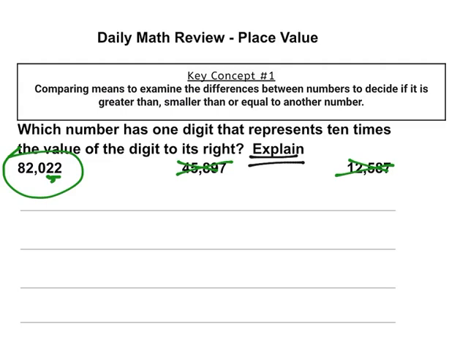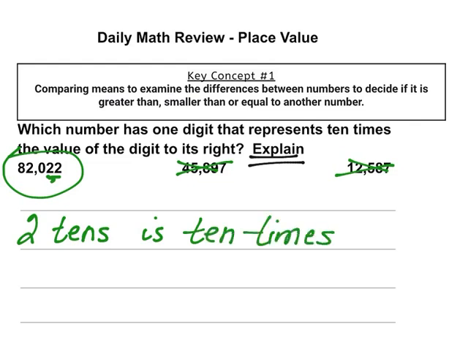So let's explain. We have several ways we can say this. We can say 20 is 10 times 2, or we could even say 2 tens is 10 times the value of 2 ones.